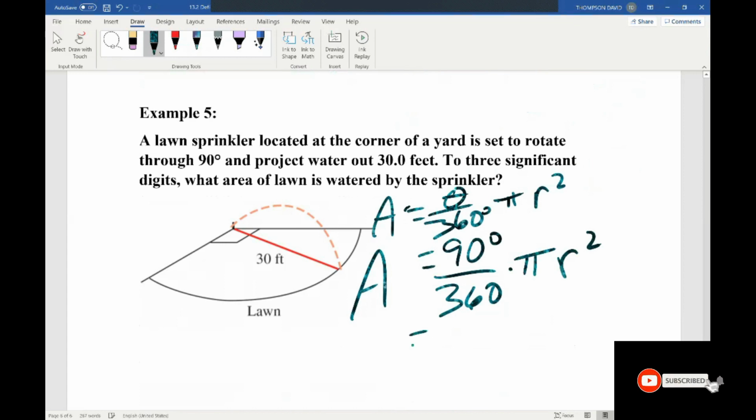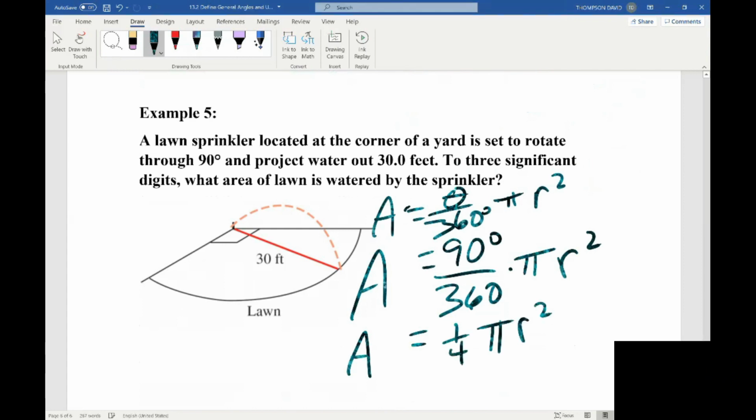So 90 divided by 360 is just 1/4 pi r squared. And what else do we know? A lawn sprinkler at the corner of the yard is set to rotate through 90 degrees and project out water at 30 feet.